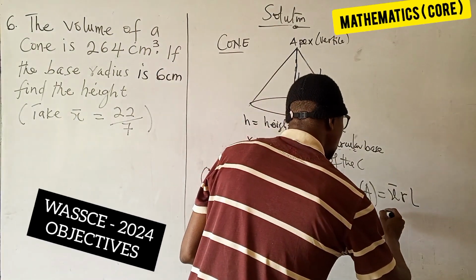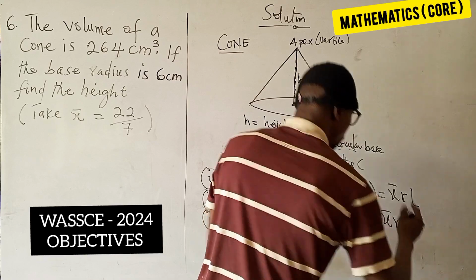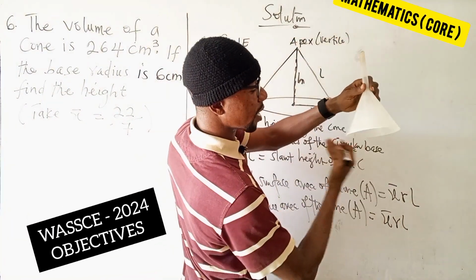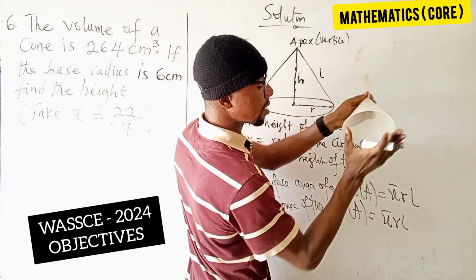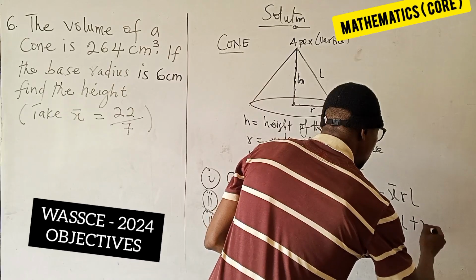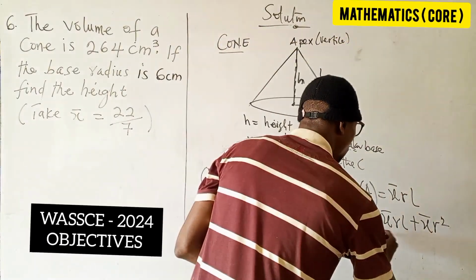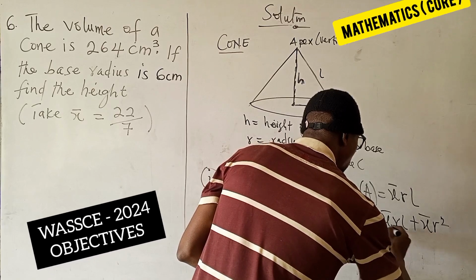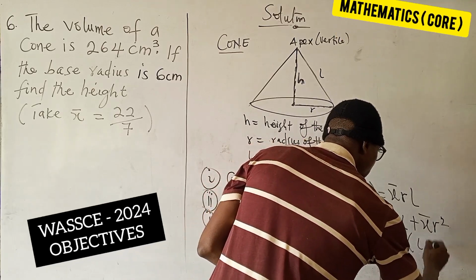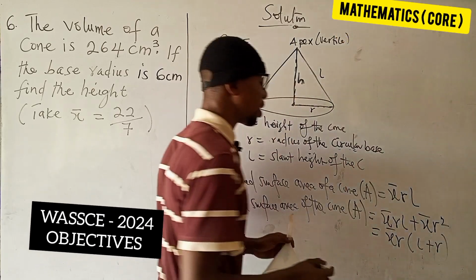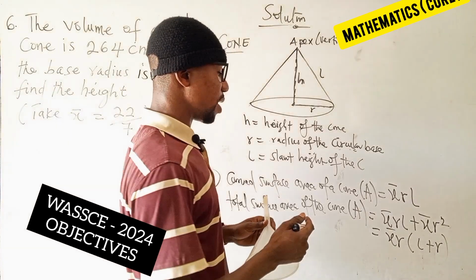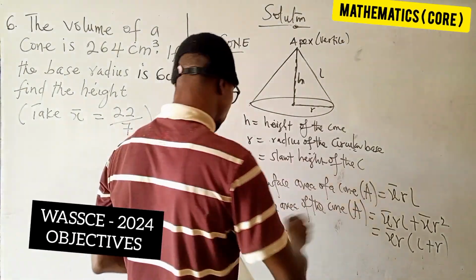So we have the curved surface area of the cone plus the area of the circular base. In all, we'll have pi r L plus pi r squared as the total surface area of a cone, by factorization.